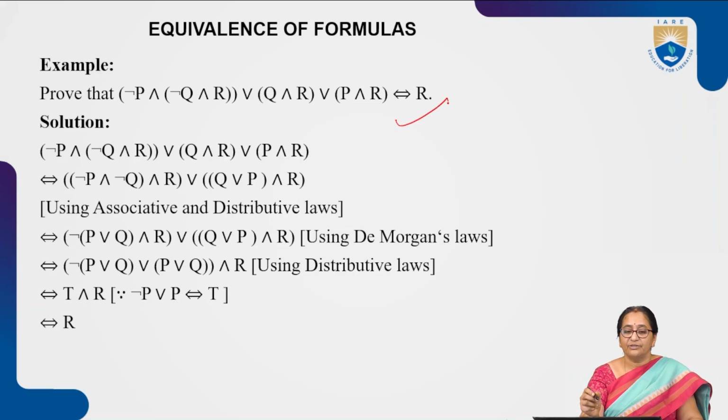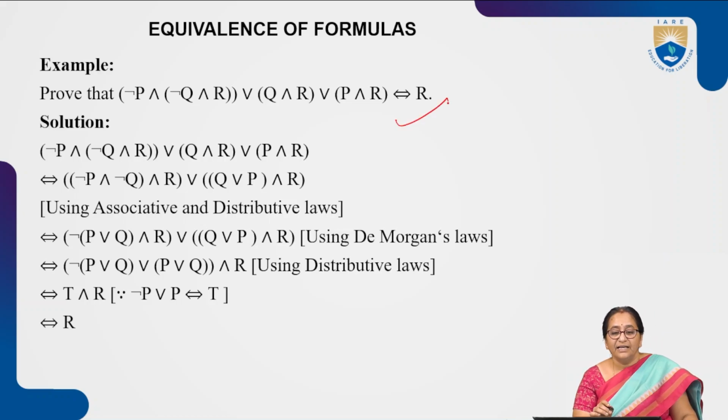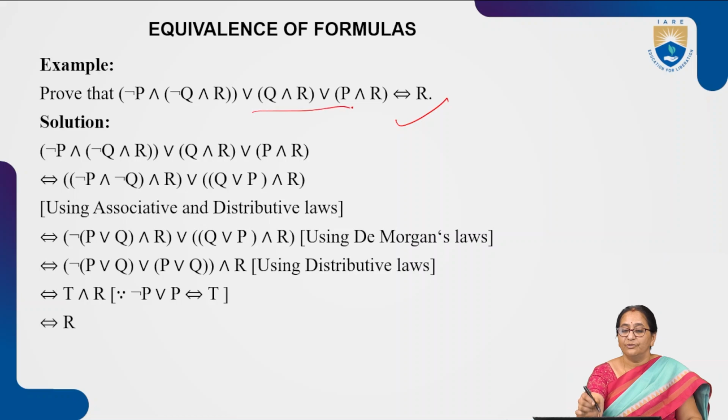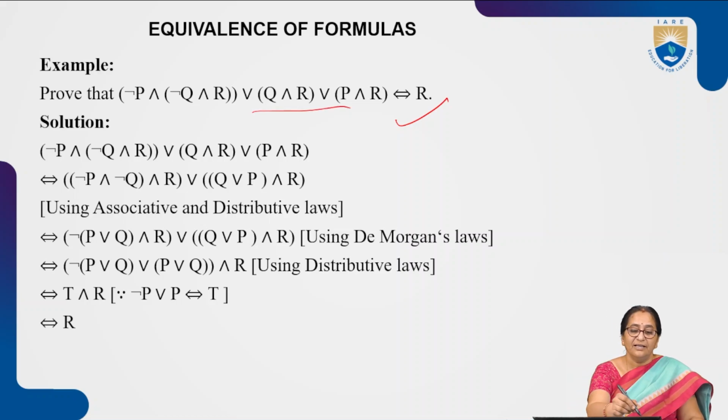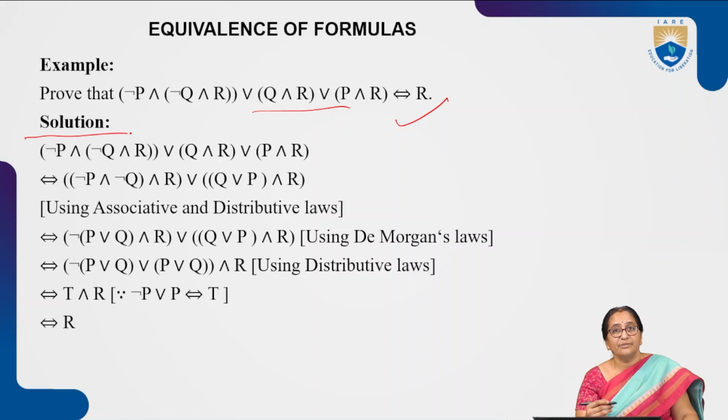Next, here we are having an equivalence formula. This is also similar to that: negation P and R to Q and R join P and R is equivalent to R. Here we are having some solution similar to that using the distributive laws.